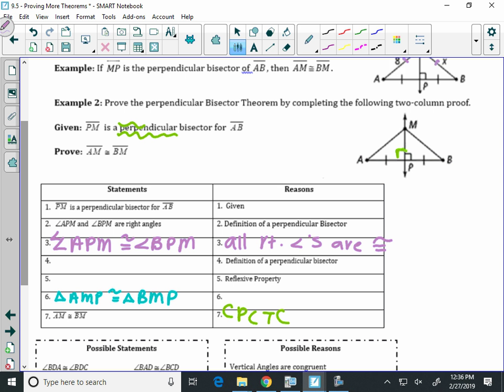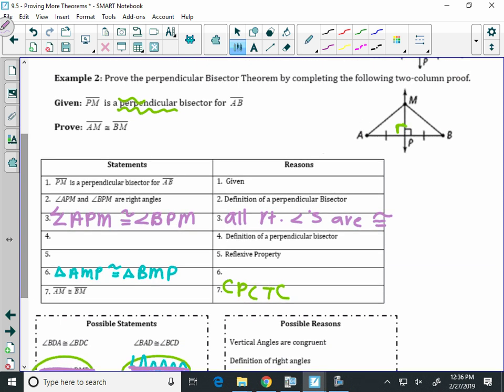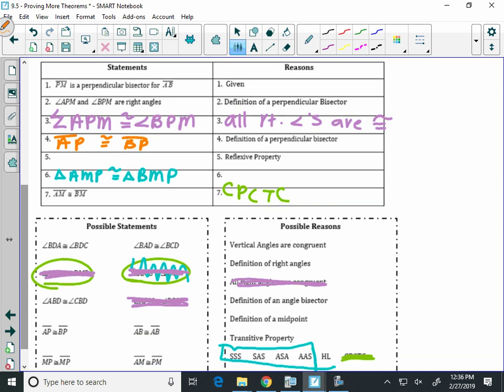So something about segments needs to go there. Which segments are the same if we're cutting this side in half? So that's going to be your reason that goes with this second definition of a perpendicular bisector. AP is congruent to BP. And it's right there.